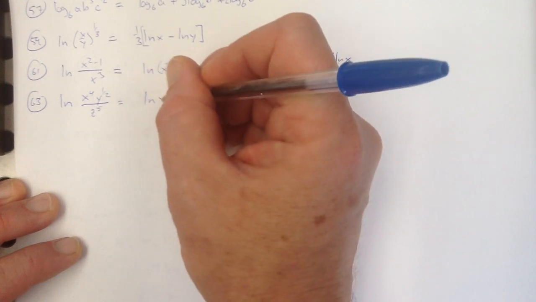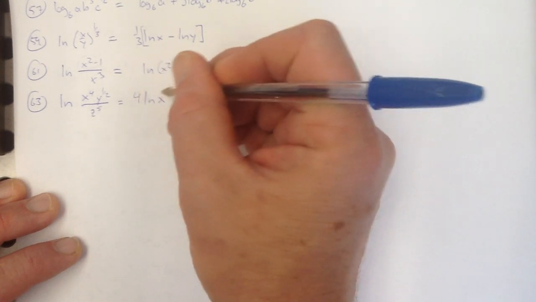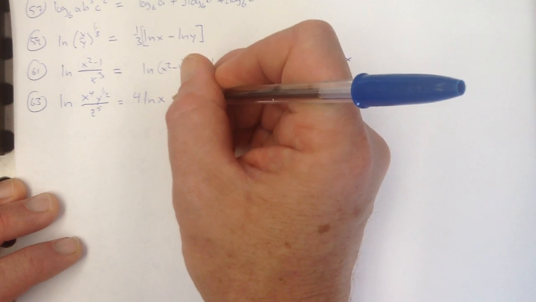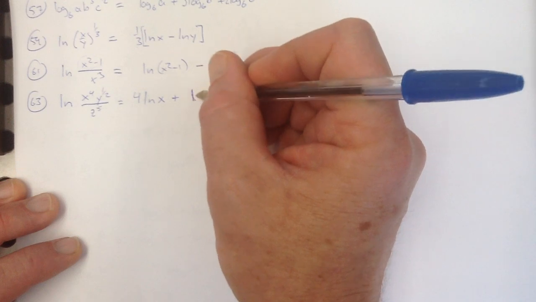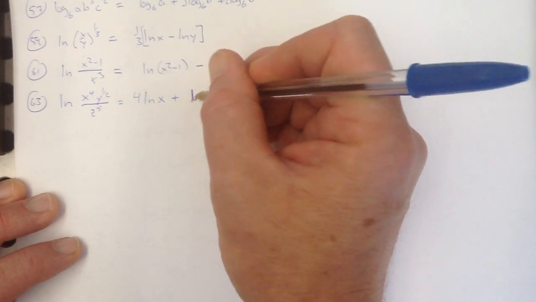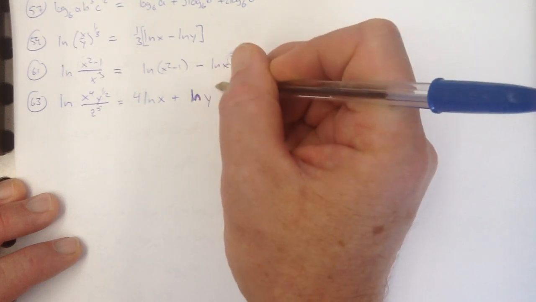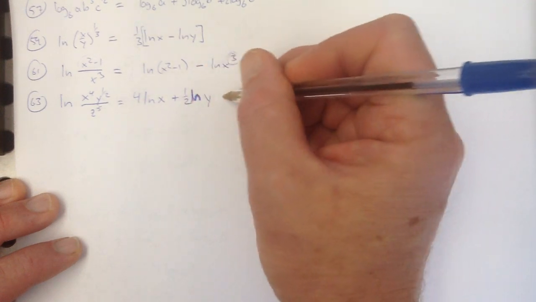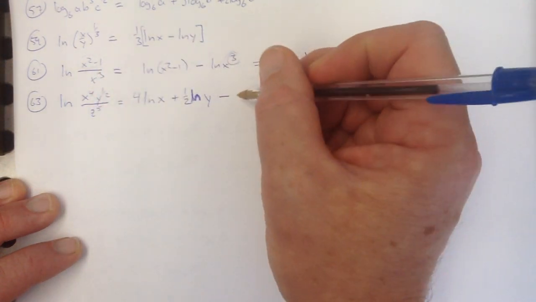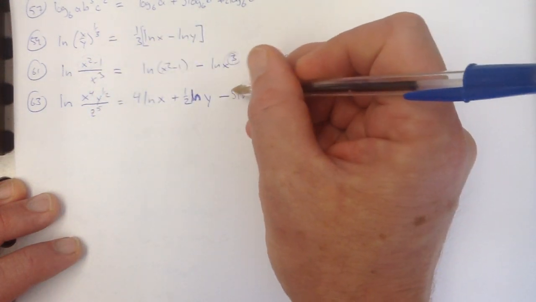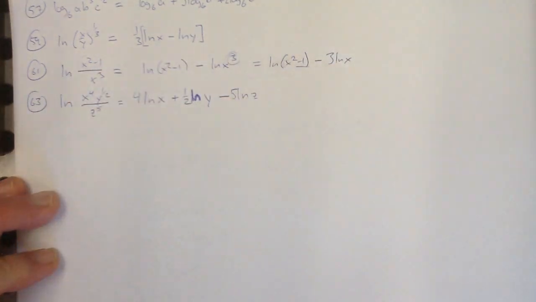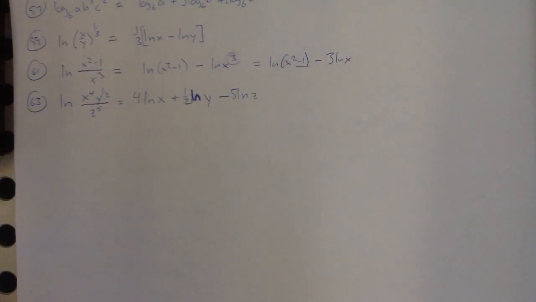I got natural log of x to the fourth, but I'm going to bring the 4 to the front, plus, because multiplication turns into addition, plus the natural log of y to the 1/2, but I'm going to bring the 1/2 to the front because that's one of the rules, minus, I've got division here, so minus natural log of z to the 5th, but the 5 can come to the front. With a little bit of practice, you can do that all in one step. It ain't that hard.